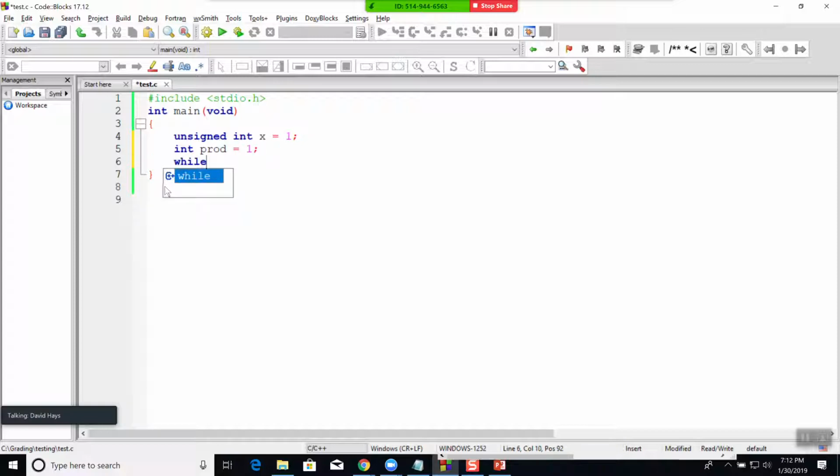And I'm going to have a while. And then I'll say that my x is less than or equal to 10. Then I'll say product is equal to product times x. And then x is equal to x plus 1.